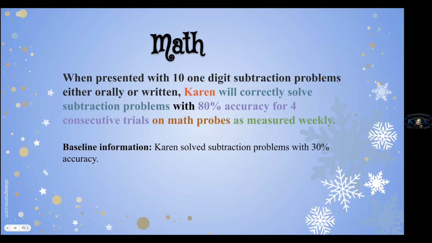If we know she's having trouble with subtraction overall, what might be a specially designed instruction strategy that I might use? Try to think of one for mathematics that you might use to help her with subtraction.